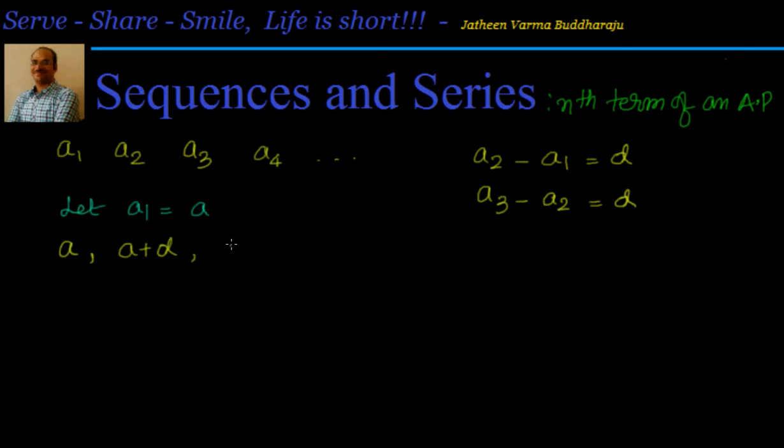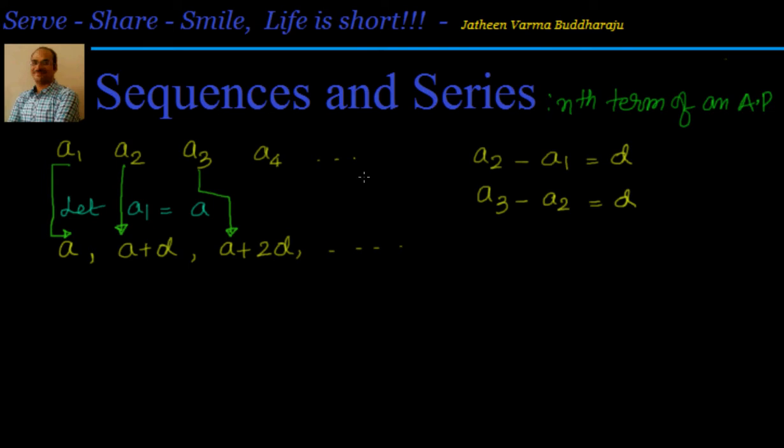The next term will be a plus 2d, and you can see that we are going like that. If you observe, the first term is a, the second term is a plus d, and the third term is a plus 2d.